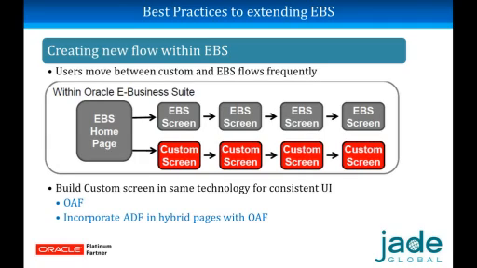In this case, there is the option of either going with OAF, which has the typical look and feel of Oracle applications in the business suite, or something called hybrid pages. Hybrid pages is a new concept where you embed a couple of ADF components within OAF. So it still stays within the business suite environment, but at the same time uses some of the functionality of ADF if required.